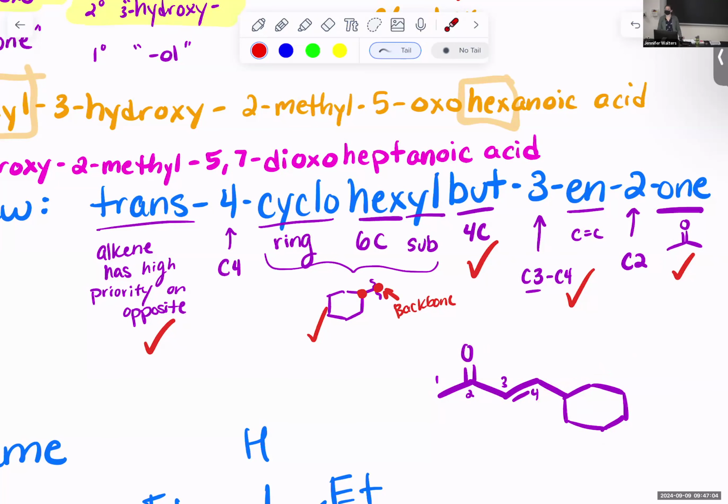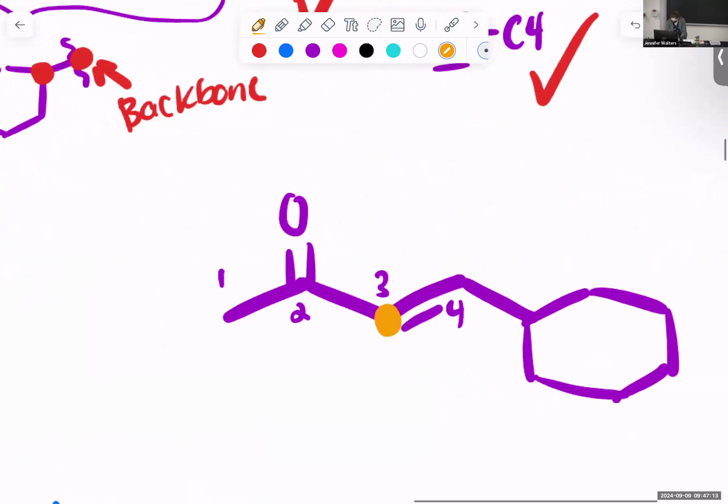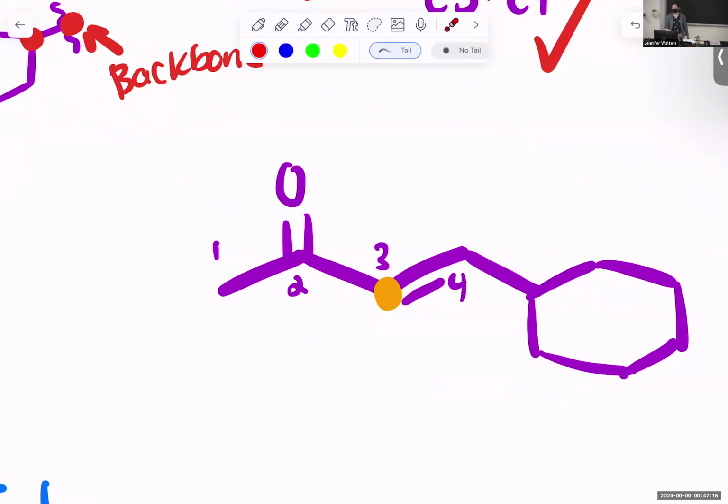Yes? Yeah, so for trans, what we're looking at is you go atom by atom, the higher the atomic number, the higher the priority. So I'm looking at the left side of my alkene first. You do left side and then right side, or just pick one side. So I'm comparing the two elements that are directly connected to the alkenes.